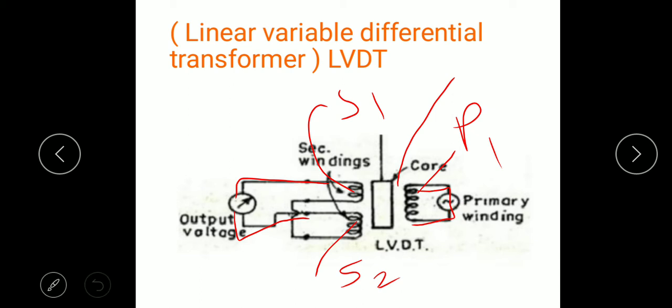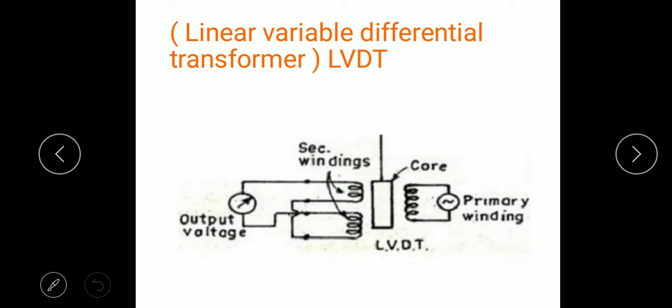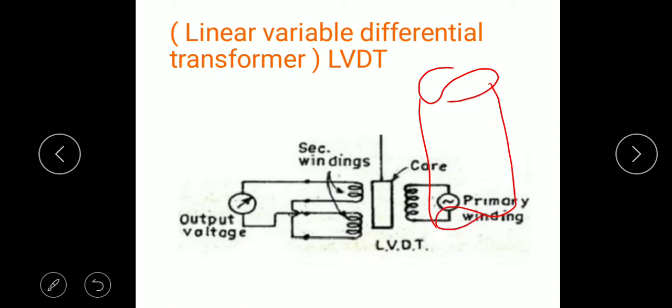But how in real life it looks? So basically these all windings are wounded on one cylindrical portion. For your understanding I will draw the one cylindrical portion here. So this is the cylinder. Consider on the cylinder the one, I will consider this as a secondary winding, again the second, this one as a secondary winding.